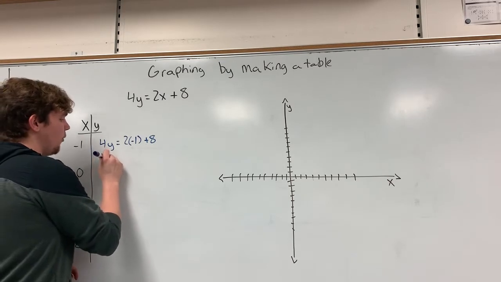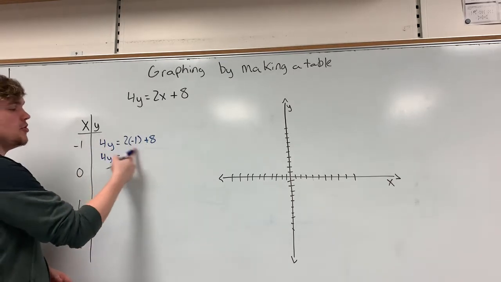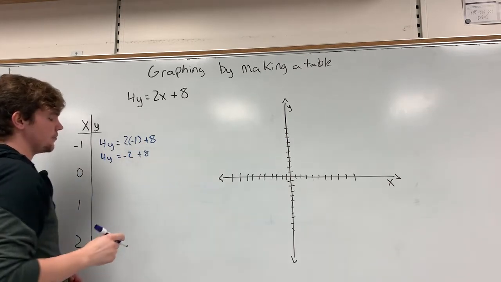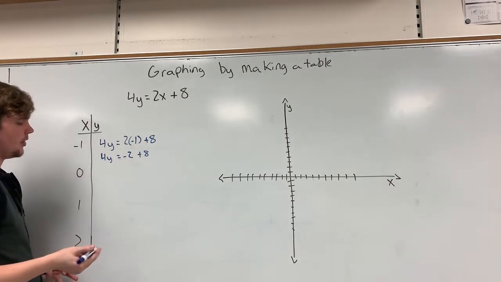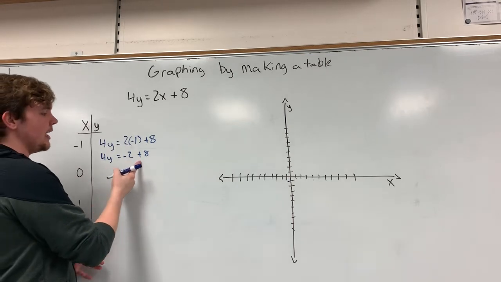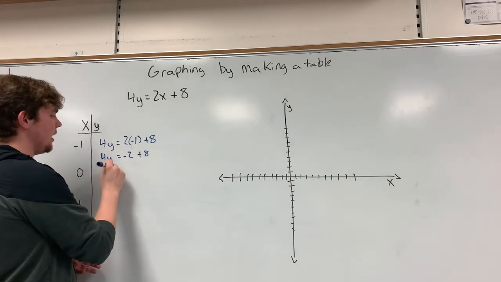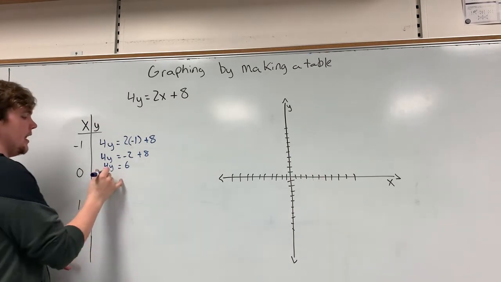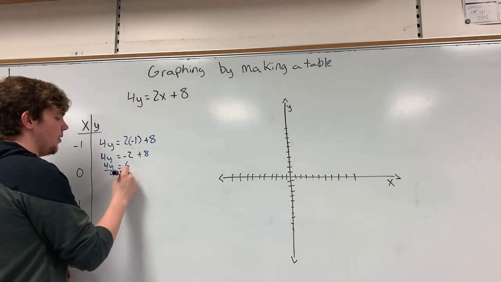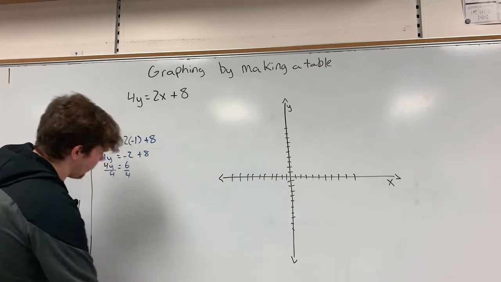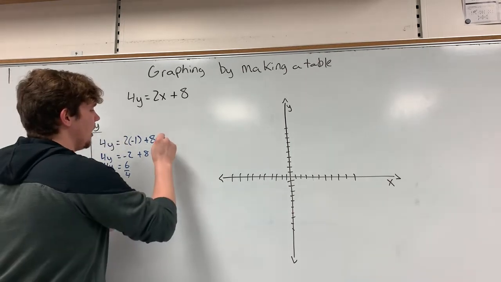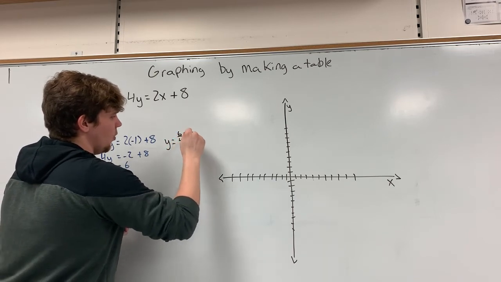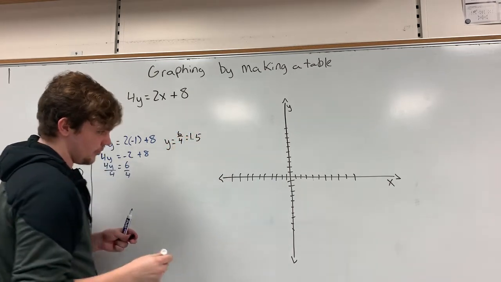Okay, so I got 4y equals 2 times -1 is -2 plus 8. Then -2 plus 8 is positive 6. Lastly, let's divide both sides by 4. I get y equals 6 over 4, which is 1.5 as a decimal.